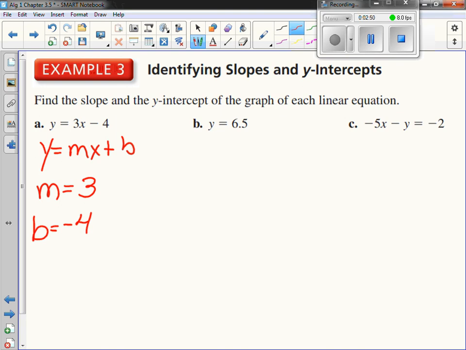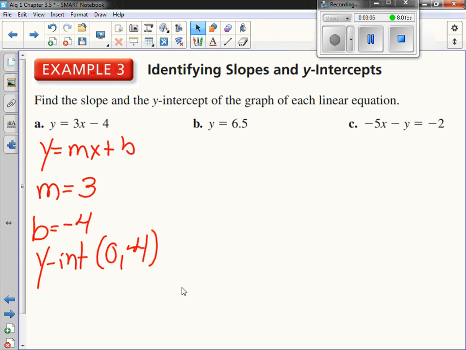Now, we take the signs with it, so if it's negative or subtracting it, it would be negative 4. Now, the y-intercept is going to be 0, comma, negative 4. When it asks for the actual y-intercept, it's going to come in the form of 0, comma, b. So here we'll have 0, comma, negative 4 because the value of b is negative 4.